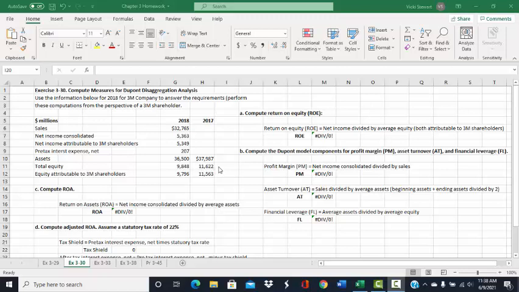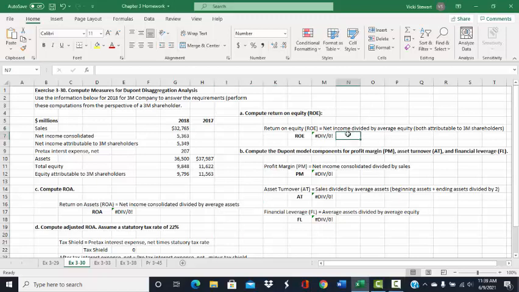So since the problem asked us to compute the ratios based on the perspective of the 3M shareholder, when we compute return on equity, we want to use net income attributable just to the 3M shareholders and compare that to the equity attributable to the 3M shareholders.